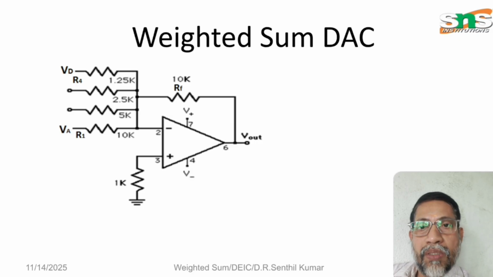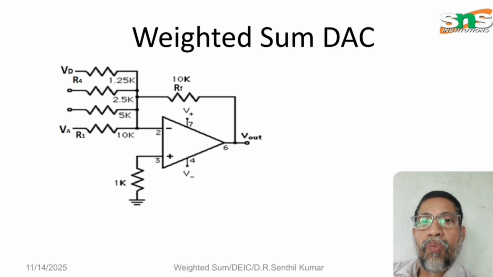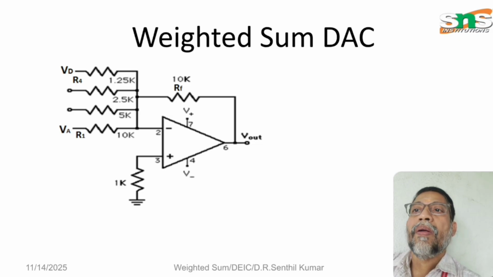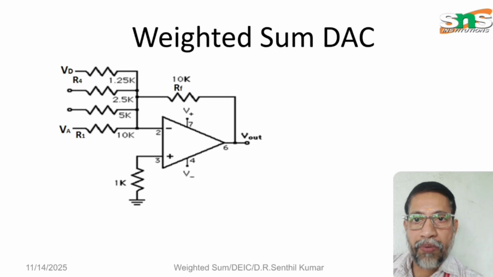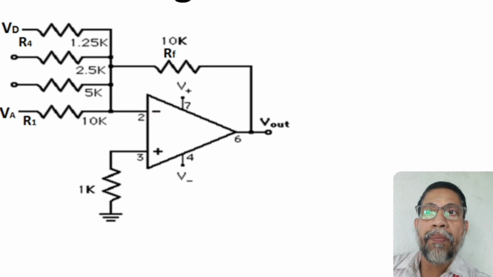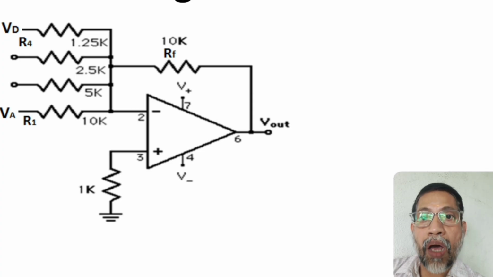The 4 resistor values are not equal, as the circuit diagram shows. One is a 10 kilo ohm resistance, which is R1. The second is a 5 kilo ohm resistance, R2. Then 2.5 kilo ohm, R3, and 1.25 kilo ohm, R4.